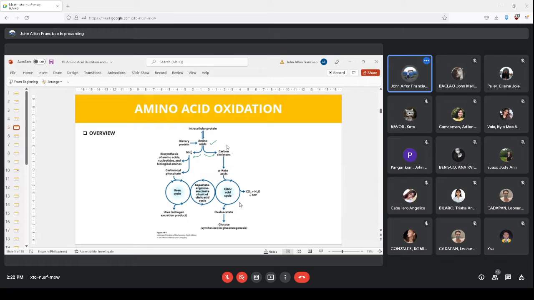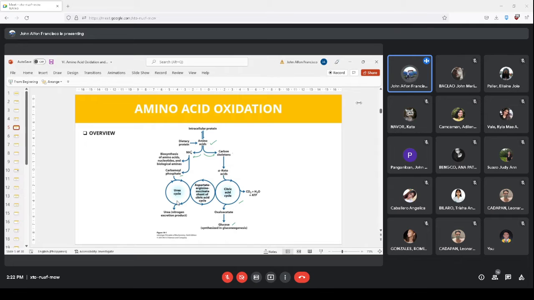Specifically for citric acid, pwede rin for gluconeogenesis, glycolysis. Okay? So how about yung amino group mo naman, will undergo different processes, and most specifically is the formation of carbamyl phosphate in order for it to enter your urea cycle.